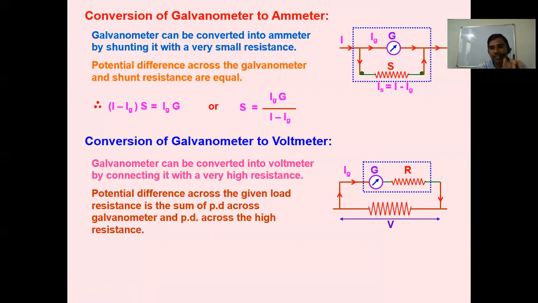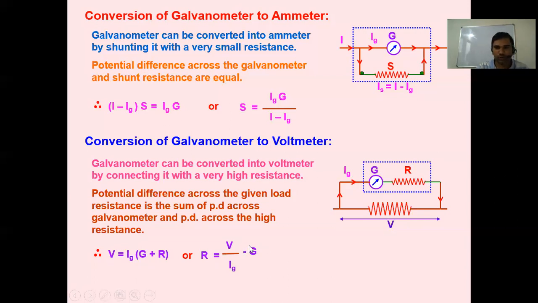So V is equal to I times total R, and in series the current remains the same, Ig. So V is equal to Ig times (G plus R). When resistors are in series, we add the total resistance, that is G plus R. If we rearrange this formula, we bring Ig to this side, V by Ig, and G to this side, minus G. So R is equal to V by Ig minus G.